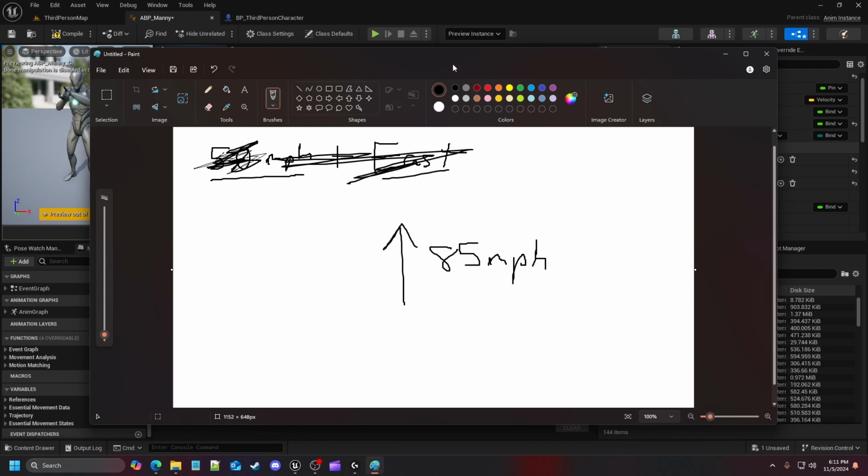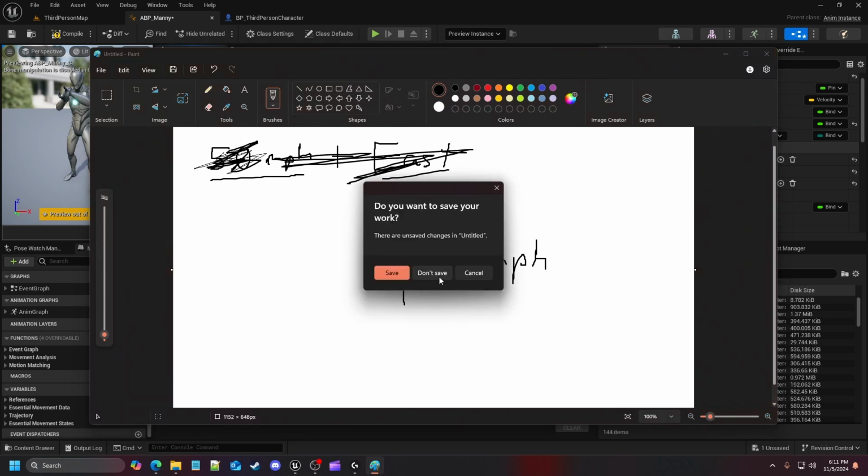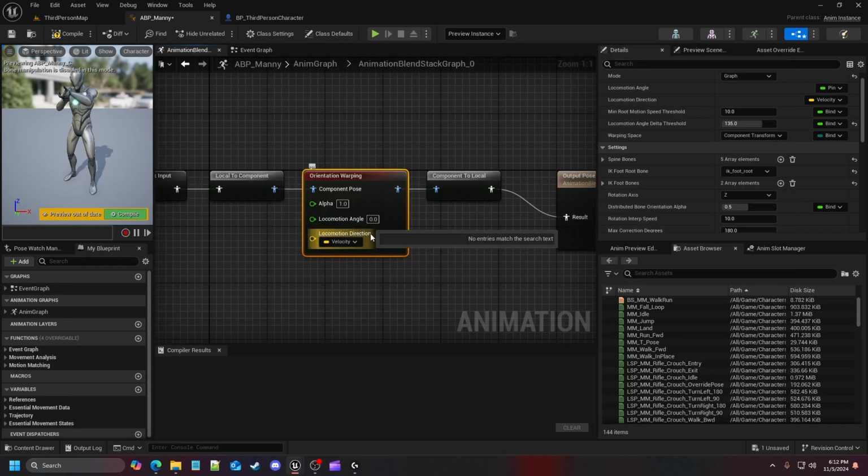So if we look at our locomotion direction, we are trying to get a direction, and our velocity helps get that direction in a very simple form. Because think about it, your velocity is a vector point that consists of 3 points on 3 sides of the graph: your x, your y, and your z.